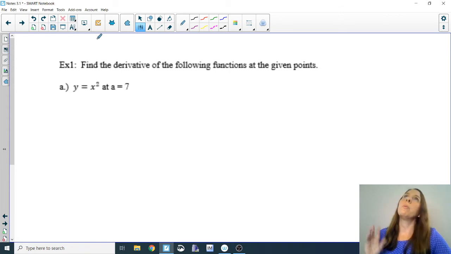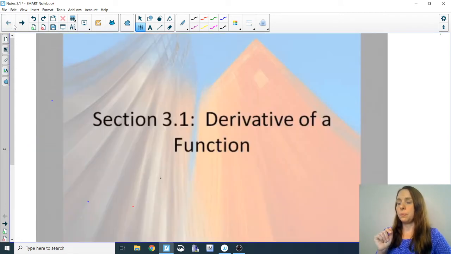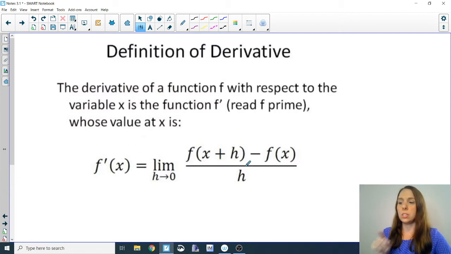Now, I'm going to back up for a minute. When we saw this formula in section 2.4, I don't know if you notice a difference here. When we saw it in 2.4, these were a's right here, the letter A instead of x. A is an x coordinate. It's just a specific x coordinate. So don't let the letter system throw you off too much.